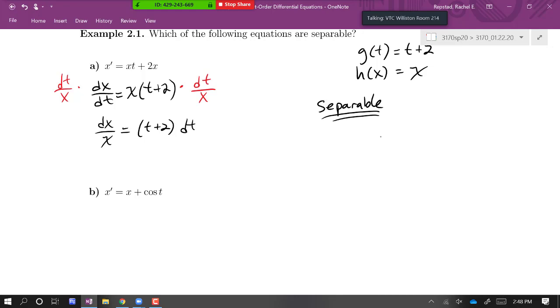Can we write that right side as a function of x's times a function with t's?